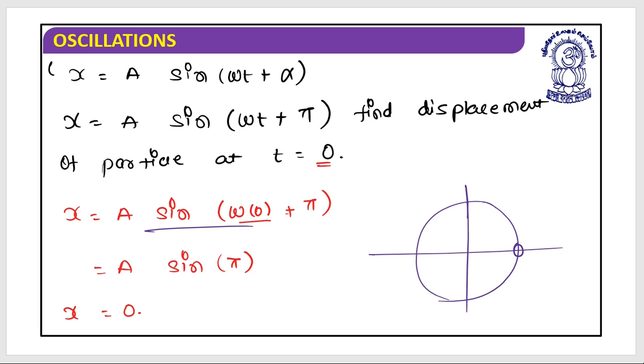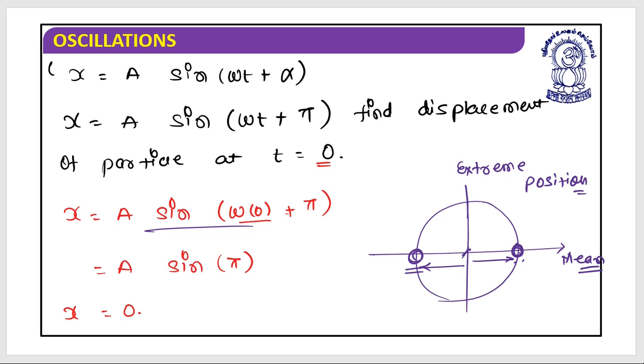So if you have started your motion from here, from this to this you have displaced, because at this instant this is what we call the mean position, and this is the extreme position. So you have reached here if this is the origin. I hope this is clear. Is it clear?